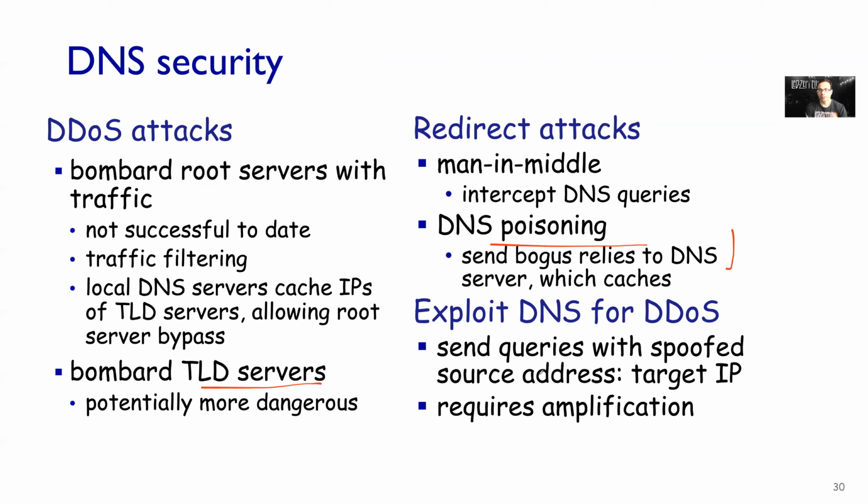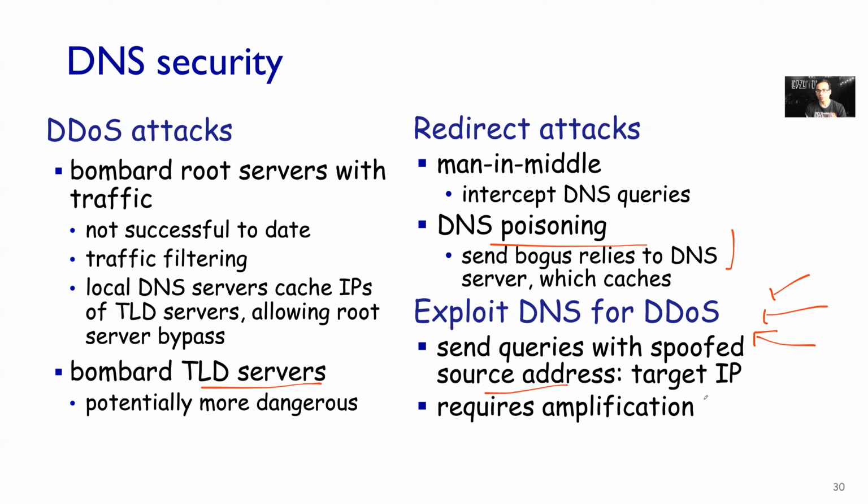And then there are certain attacks where you might send a lot of DNS queries claiming they came from a particular address, which will result in a lot of responses going back to that victim's address.